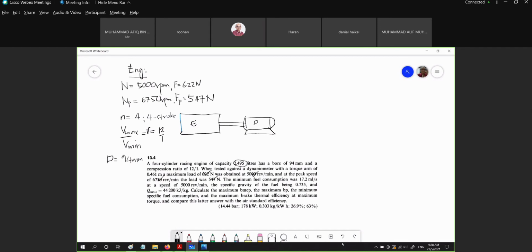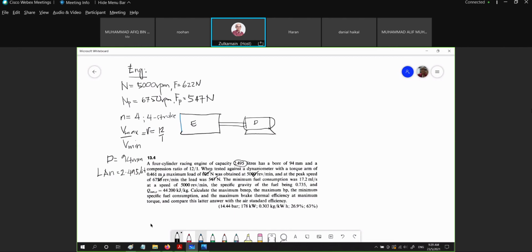This 2.495 is actually the LAN, the total swept volume for the 4-cylinder engine. The LA is basically for 1 cylinder, and the N is the number of cylinders. The total is given as 2.495. That is the meaning of the CC, right? The total swept volume for 4 cylinders, which is LAN.